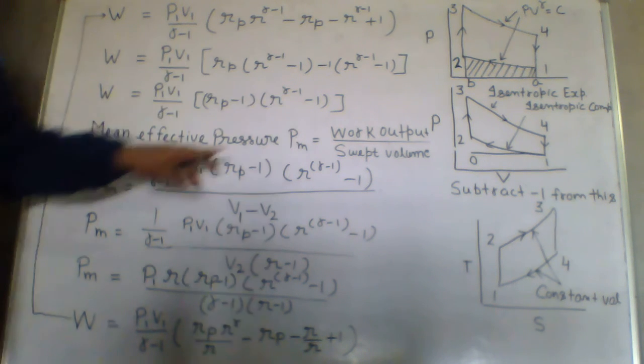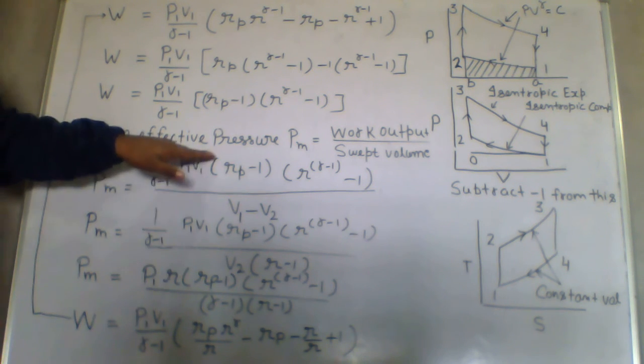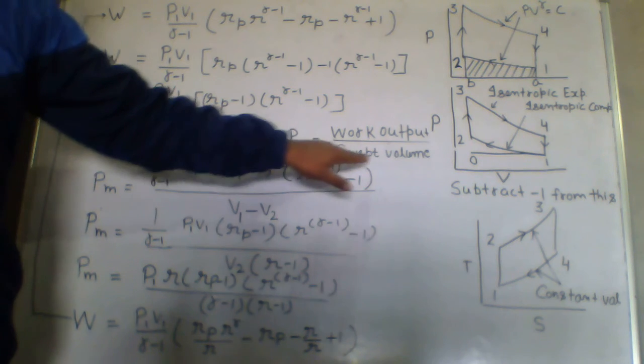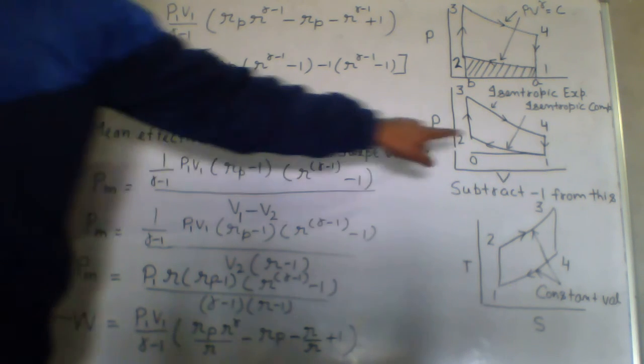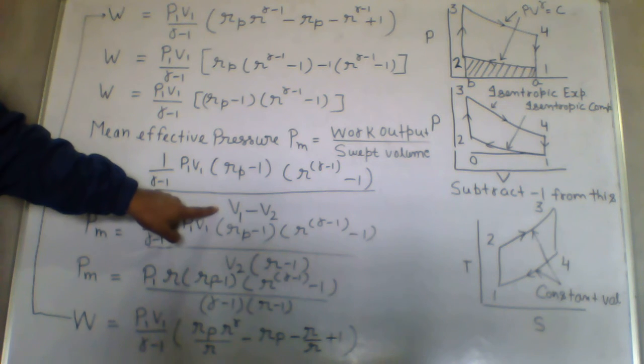Now we will calculate mean effective pressure PM, which is work output divided by swept volume. So what is swept volume? That is V1 minus V2. So take this work divided by swept volume.